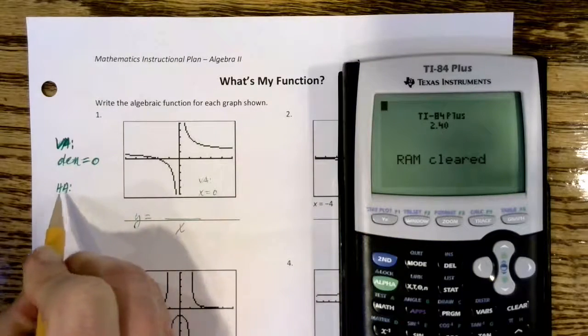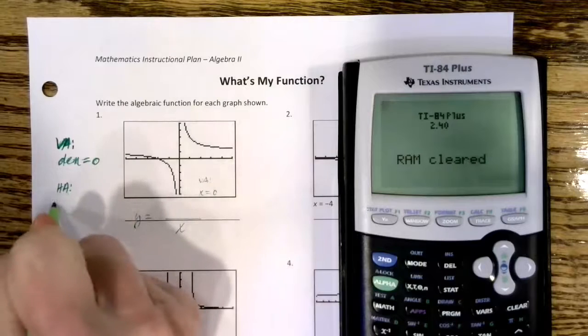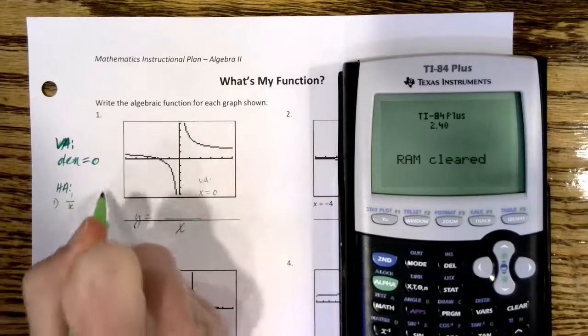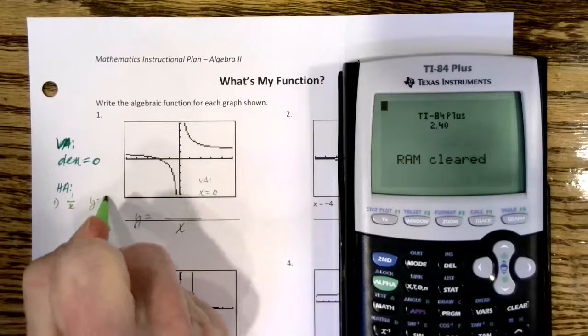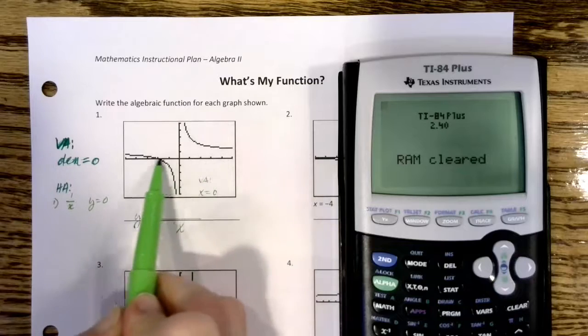My horizontal asymptote comes in 3 options. Choice number 1, if I have more x's in the denominator than the numerator, my horizontal asymptote is y is equal to 0. That is not happening here.